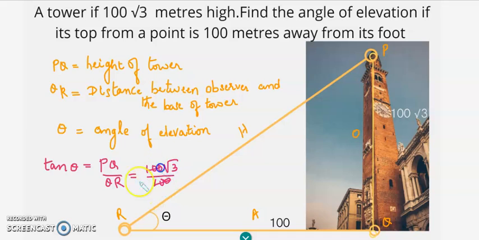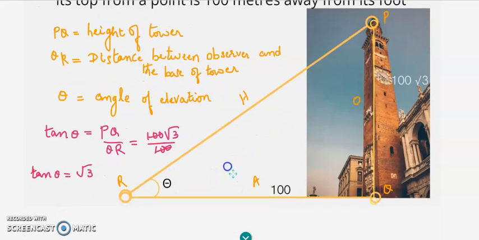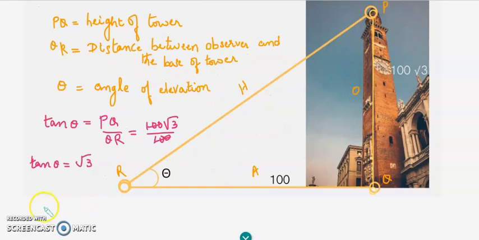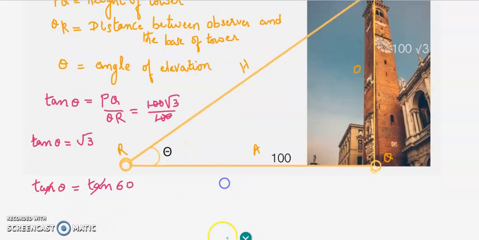The 100 and the 100 get cancelled off. You will get tan theta equals root 3. Which angle has tan equal to root 3? Tan theta is equal to tan 60. So tan gets cancelled off, and we'll get theta equal to 60.